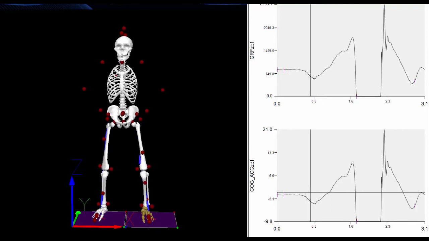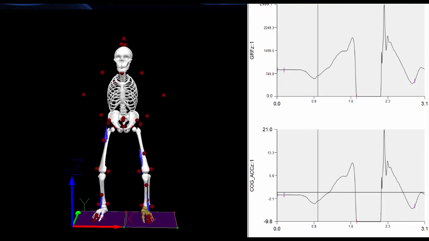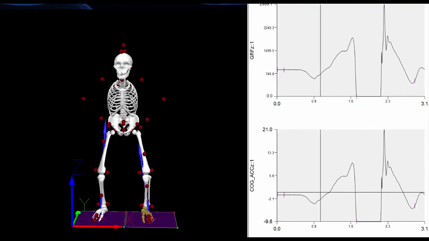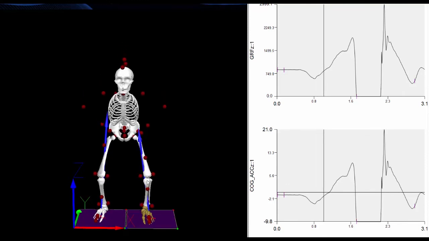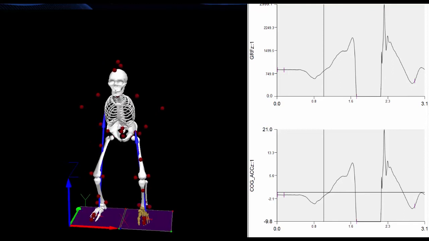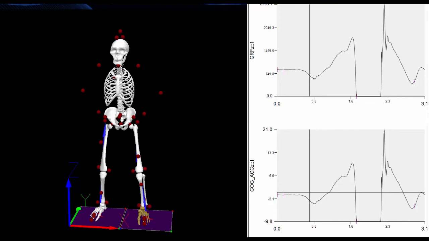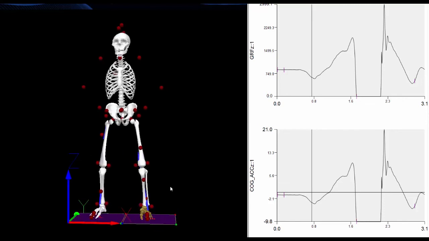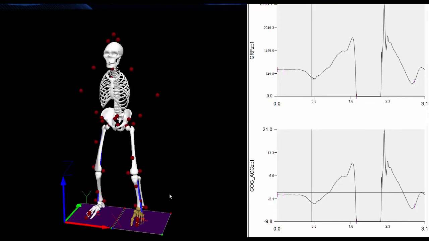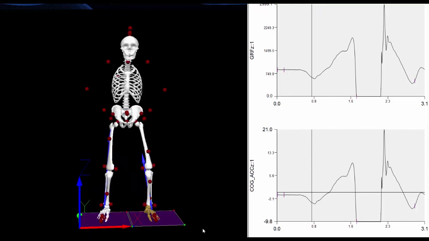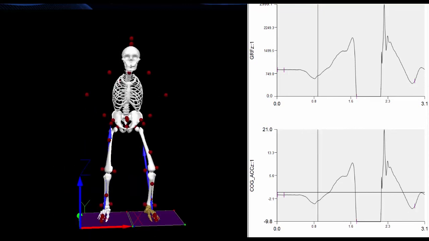Then the person begins to contract his hip extensors, his knee extensors, his plantar flexors. That creates a force on the ground, and in reaction, you can see here that the ground reaction force begins to change. And by Newton's second law, the law of acceleration, which states that the acceleration of his center of gravity is directly proportional to the net force acting on the system, you could see here that it changes.